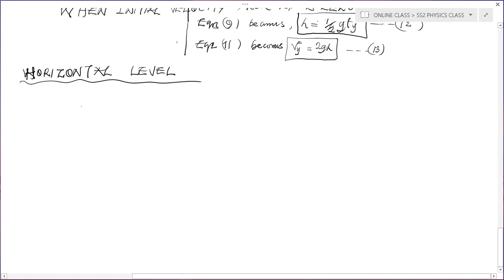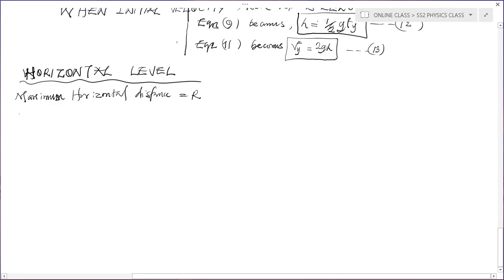So when we have maximum horizontal distance, which is R.